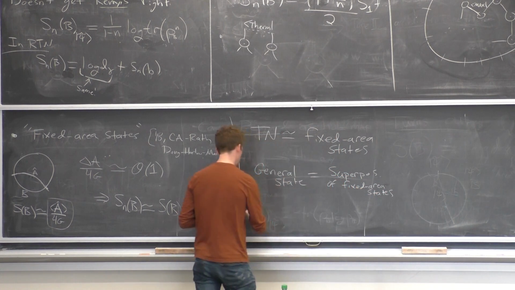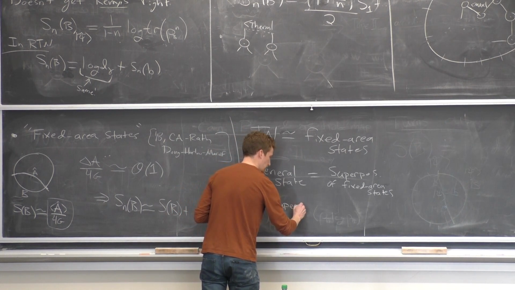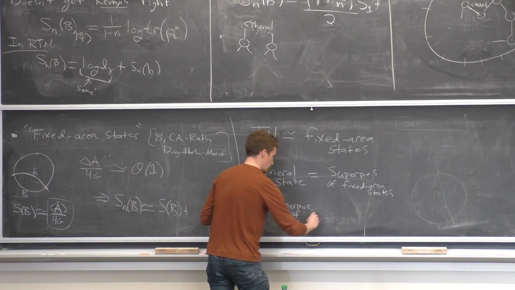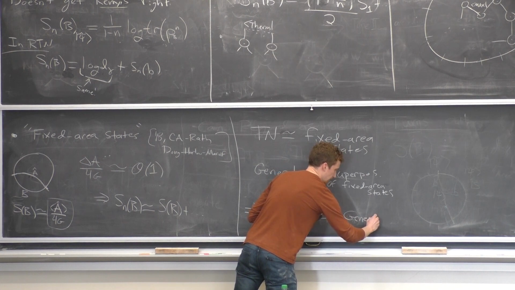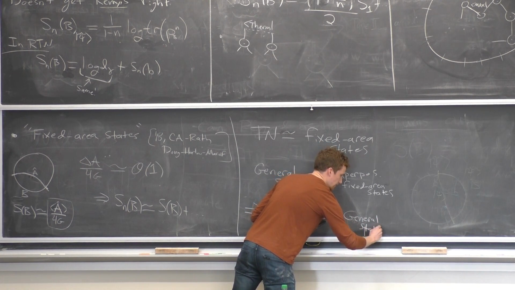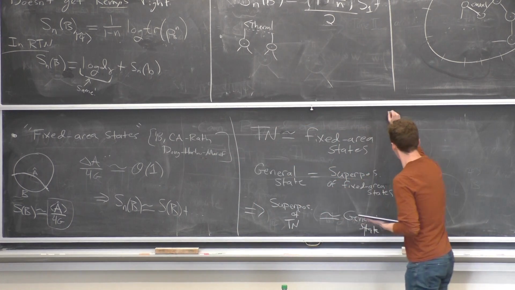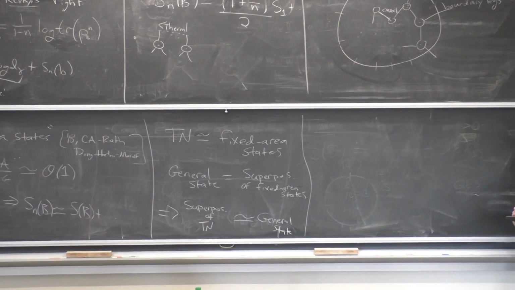And then therefore, some superposition, appropriately interpreted, of tensor networks was a good model for a general state in gravity. So that was why, at least, I cared about these results so much: this was giving us a foothold for a good toy model.